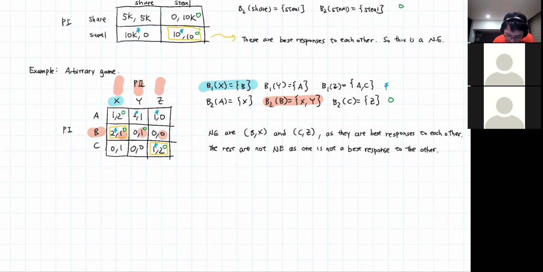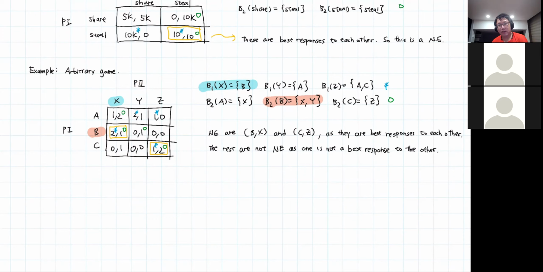When it plays Z, it gets 0. So the best response here would be the 1. The 1 is the largest number, so you will have both X and Y in the best response for player 2. Given that player 1 plays B, player 2 would be able to choose either X or Y.